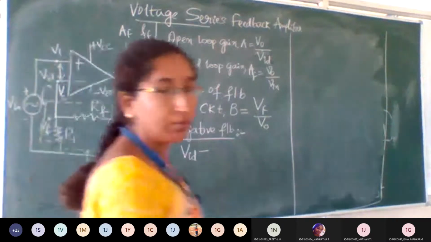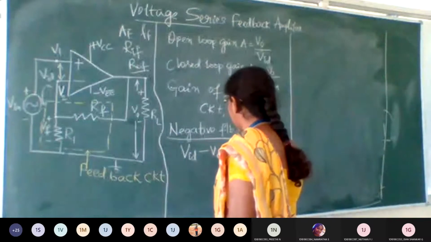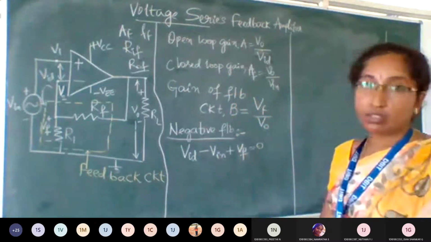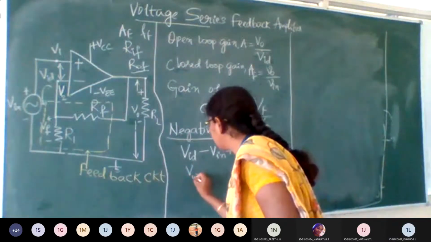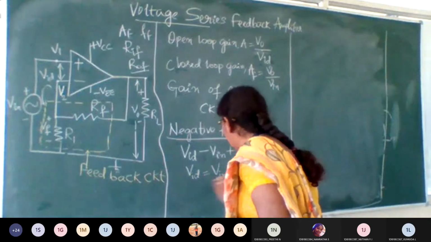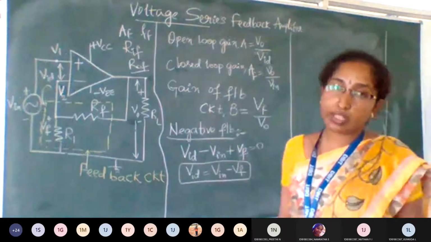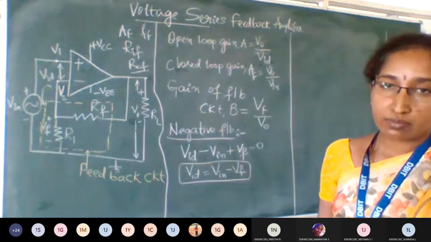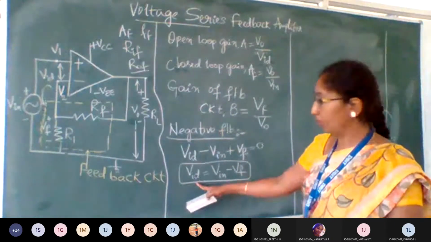So what is the expression now? V in plus Vf. Is correct. So now what is VID? VID will be V in minus Vf. Any doubt in the expression? VID is the difference in input voltage, V1 minus V2.